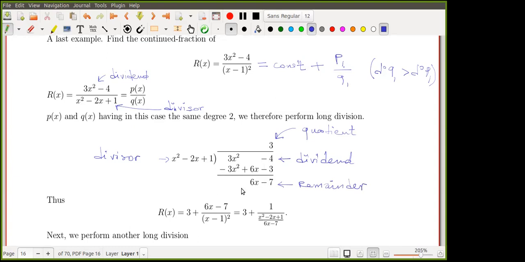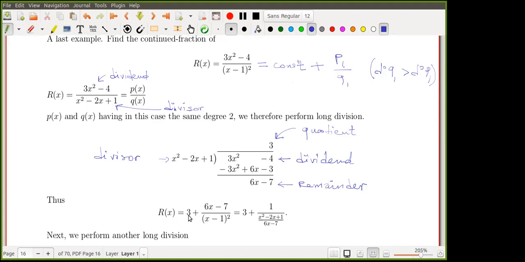So once we have the remainder, we know how to write the final result. This fraction, which is this divided by that, what would that be equal to? It will be equal to the quotient here, right? Which is the constant term I mentioned here. That is our quotient.